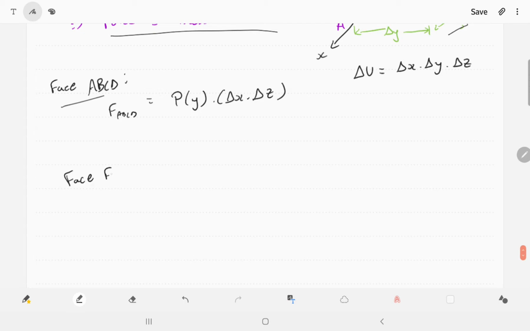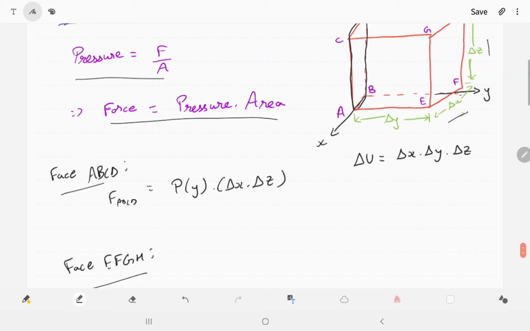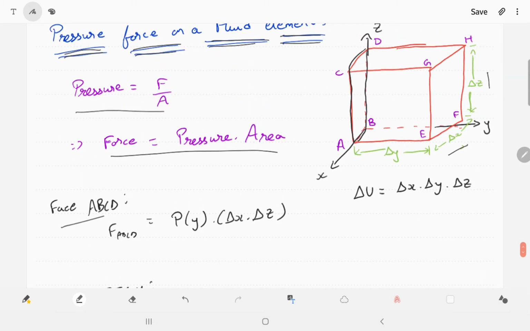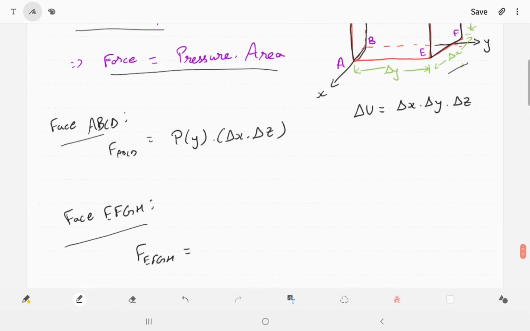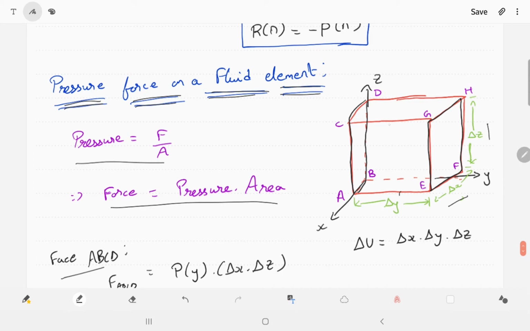Now consider face EFGH, and the force on EFGH equals, here EFGH is this face. As I am considering the faces on the same coordinate axis, you could even consider these two faces, or this face and the inner face, or even the top face and the bottom face.